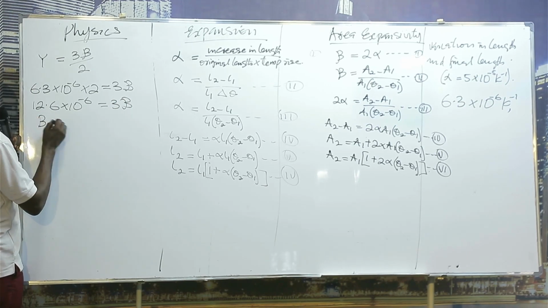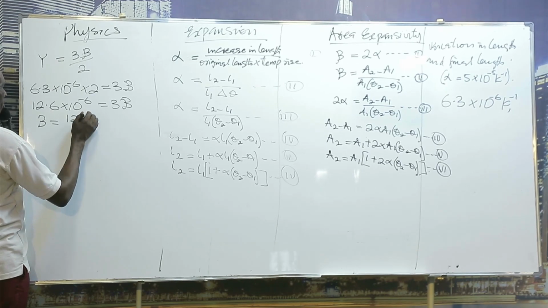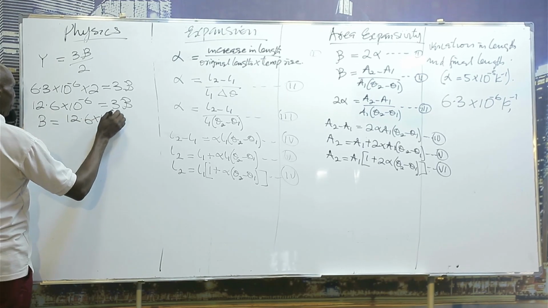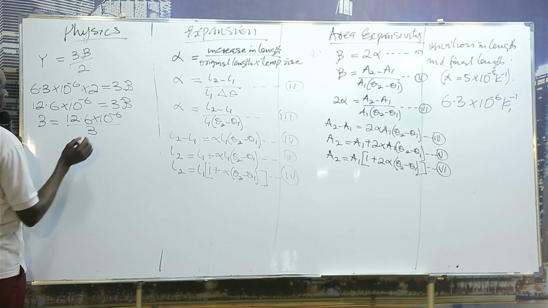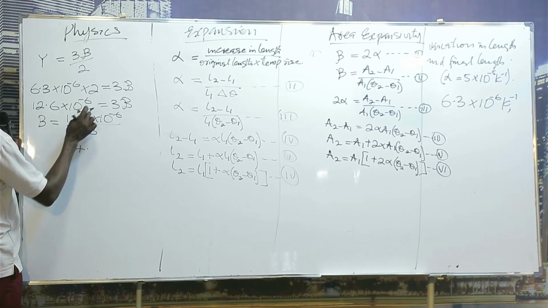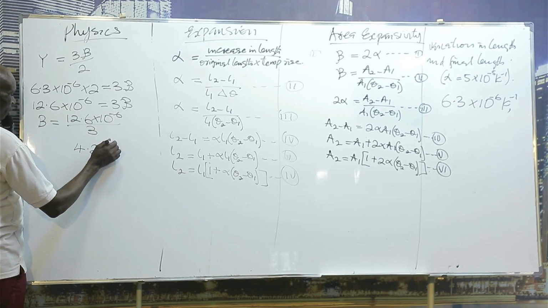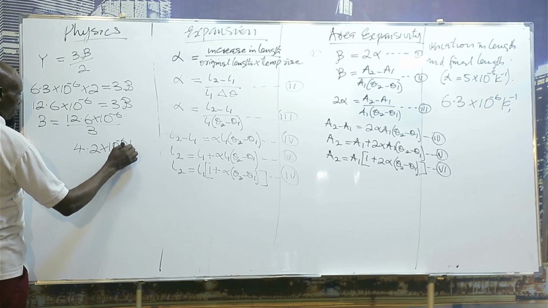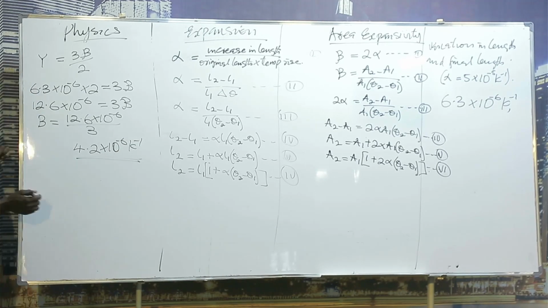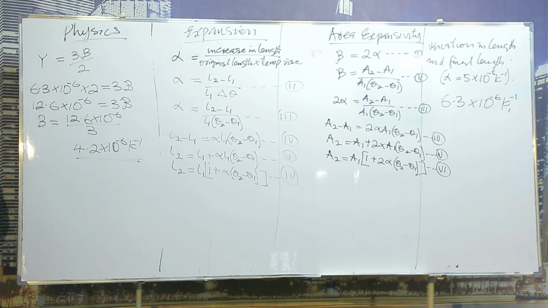Then the value of b will be 12.6 times 10 to the power -6 divided by 3, which is 4.2 times 10 to the power -6 per Kelvin. So that's the right answer.